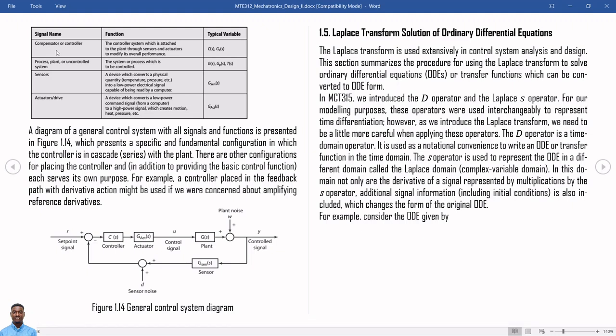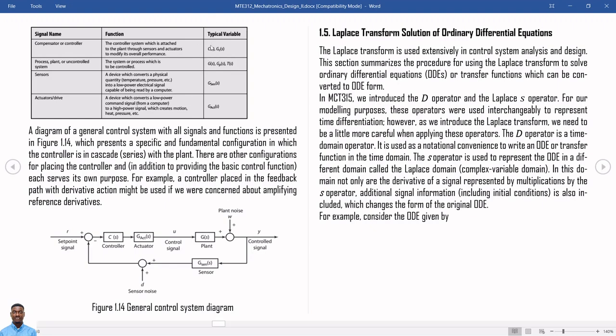The compensator or the controller: the controller is attached to your plant through sensors and actuators, and what it does is modify the performance of your system or your plant. That's what the controller or compensator does.